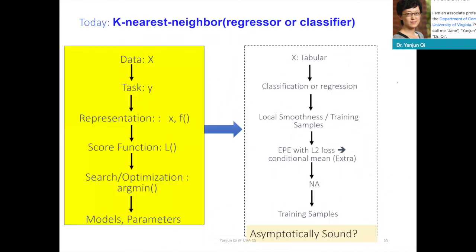The other thing is, why do we still use k-nearest neighbor? Why is it so popular? Is it asymptotically sound? What do I mean by asymptotic? Asymptotic means when you have an infinite number of training samples, what is the behavior of your classifier, of your predictor? You can think of this as almost the upper bound of your predictor, and it's a very good theoretical bound to understand your predictor.